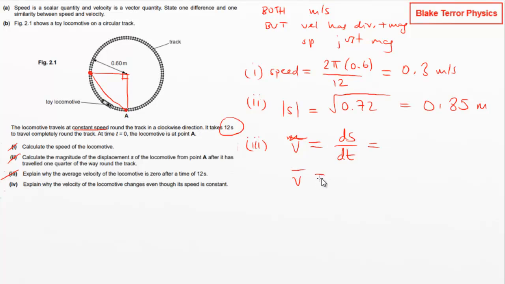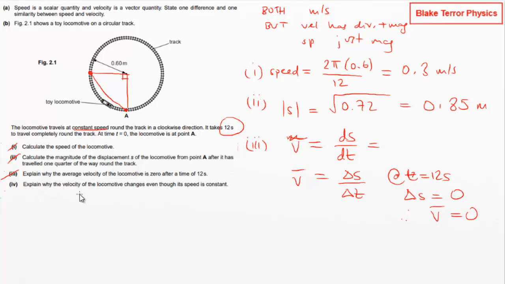The average velocity, we can change those into deltas, delta S over delta T. So at t equals 12 seconds, delta S is equal to 0. Therefore, the average velocity equals 0. You could just say the displacement hasn't changed. It's got back to where it started. It's returned to A, that sort of thing.